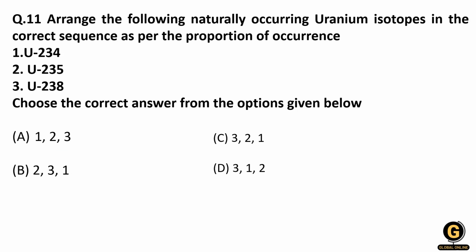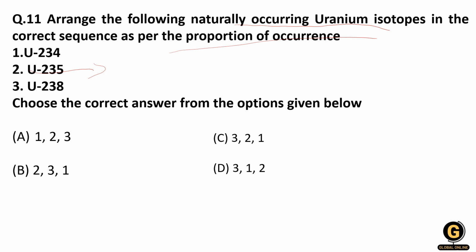Arrange the following naturally occurring uranium isotopes in the sequence of their proportion of occurrence. So they have asked which uranium isotope occurs highest and which is the lowest, right? So we all know that uranium 235 is used in nuclear fission, that is, in a nuclear reaction or nuclear plant, right?